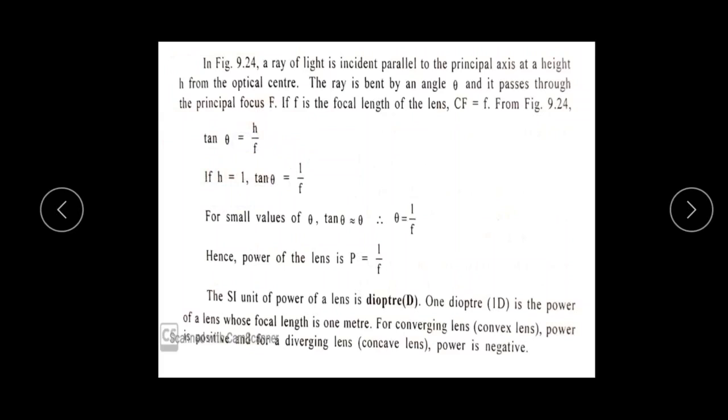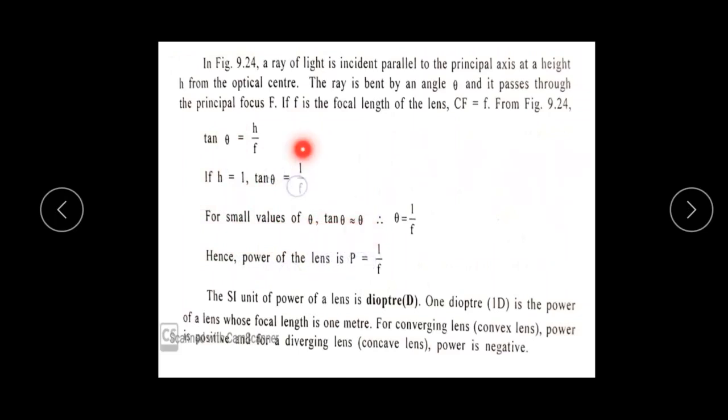How much the incident light bends, whether it diverges or converges, is measured using the power of the lens. Here if h is equal to 1, then tan theta becomes 1 by f. For a small value of theta, tan theta can be taken as theta.